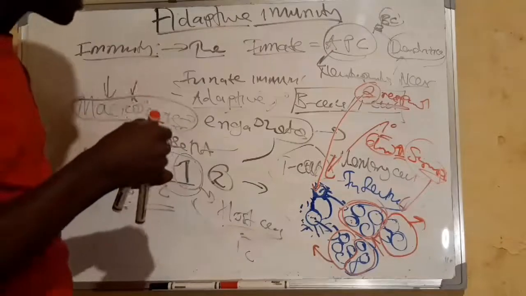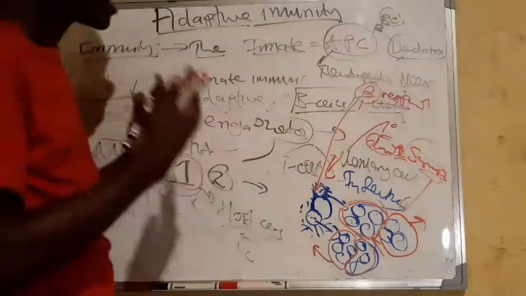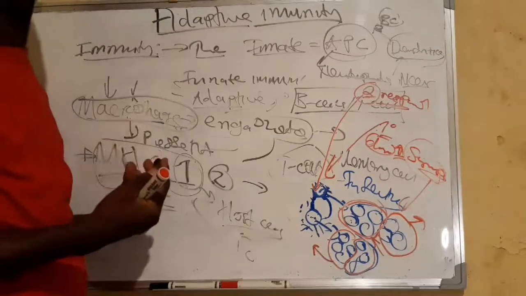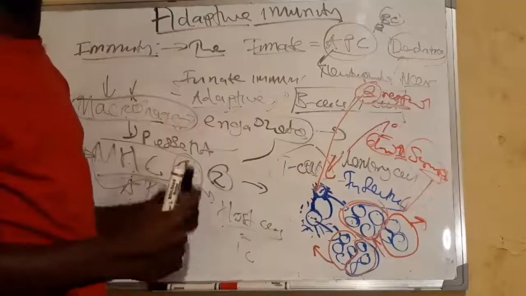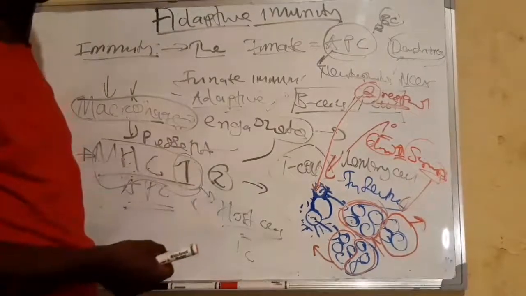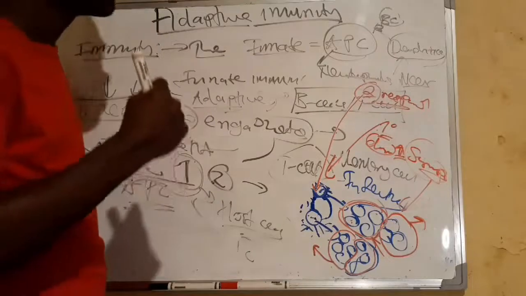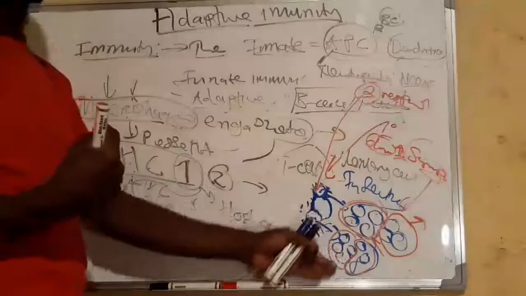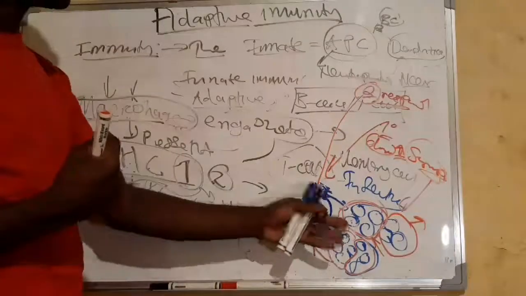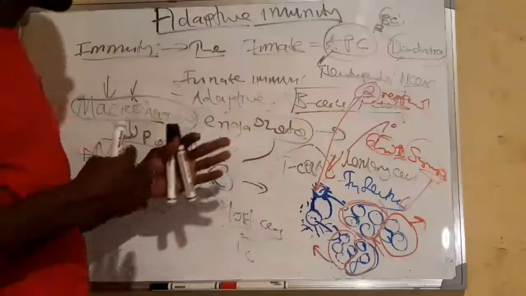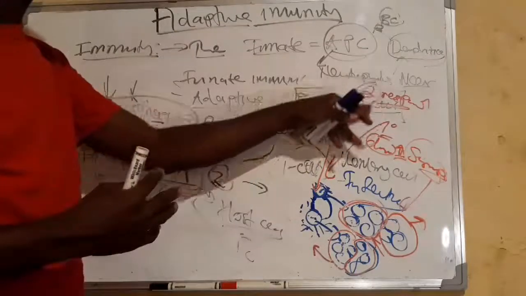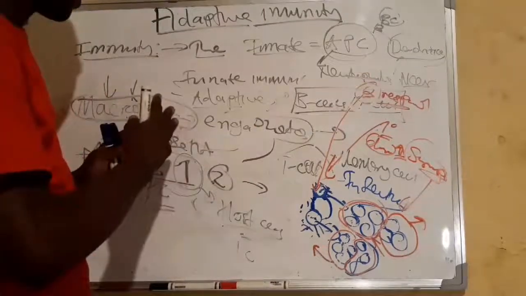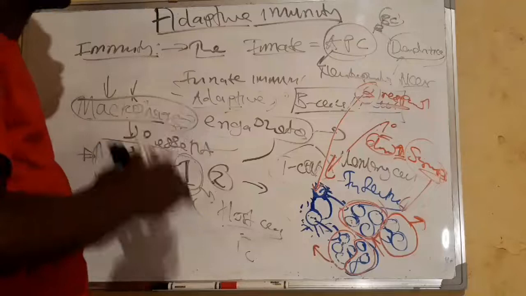After the primary response, the B cells produce effector cells and memory cells. Likewise, the T cells produce memory cells and effector cells. In the secondary response, the same pathogen enters and finds the memory cells. Since it finds the memory cells, there's no need to waste time on the processes. It quickly kills this pathogen. So this is what is under adaptive immunity.